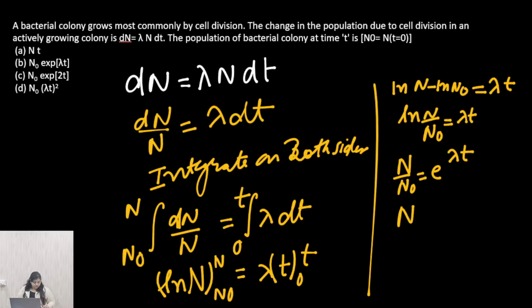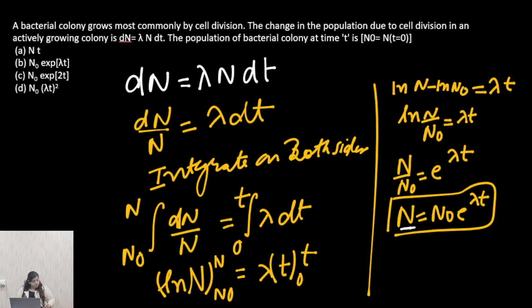So the N value is equal to N naught times e raised to the power of lambda t. So here the growth is taking place. That is why the final concentration you are having is more than the initial one, because here you are getting a positive exponential. So due to the growth, this is happening, right?